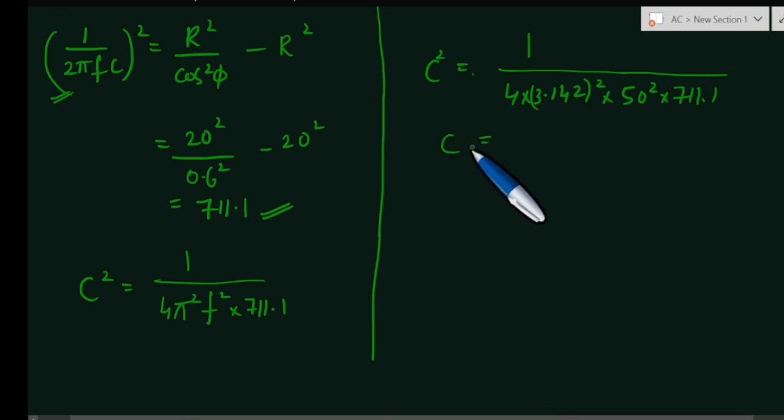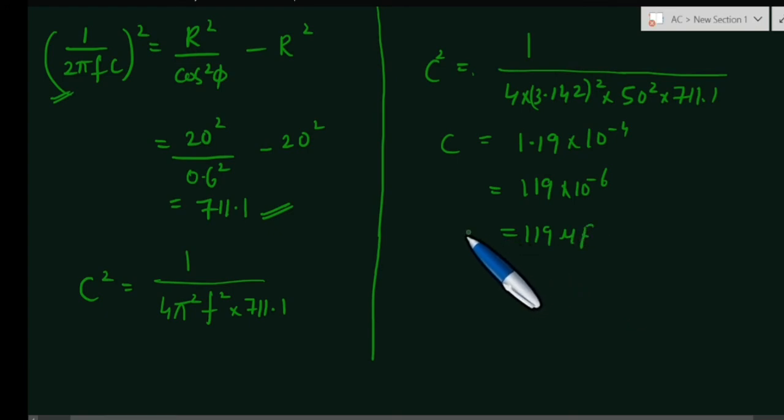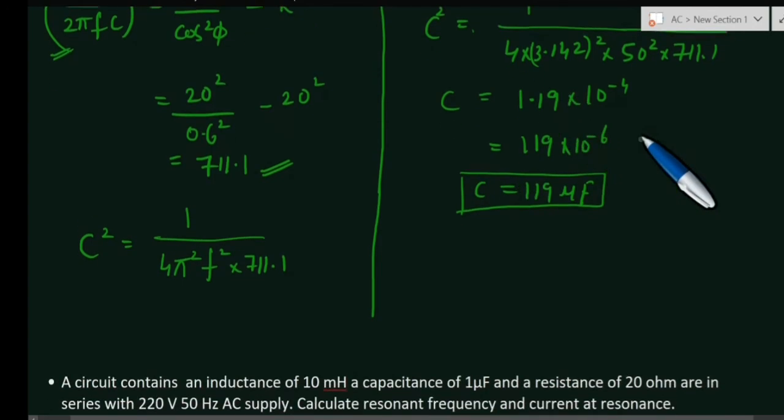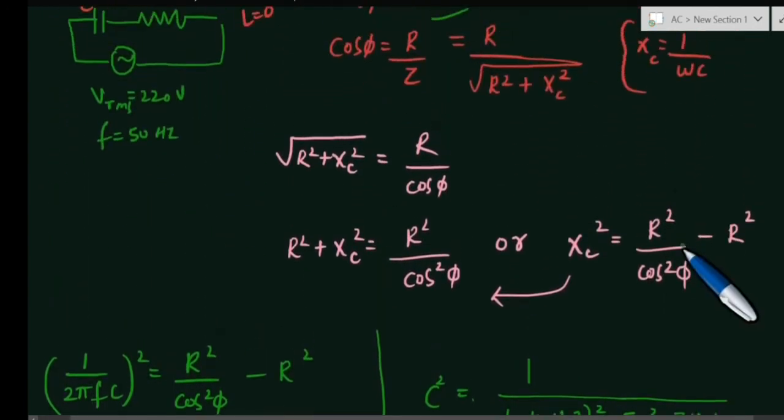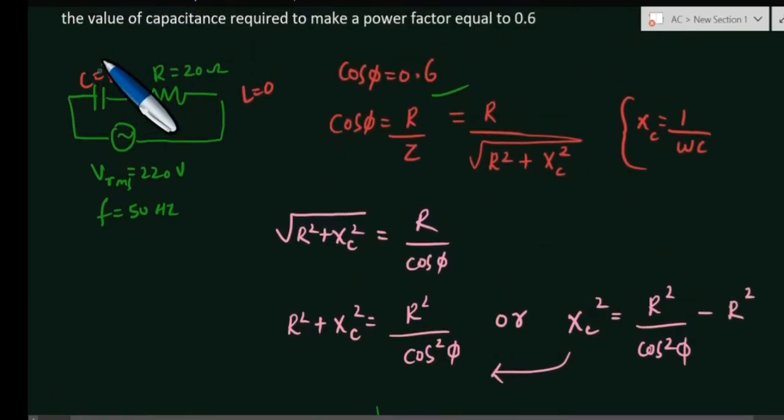After solving, the value of C is 1.19 into 10 to the power minus 4, or we can write it as 119 into 10 to the power minus 6. So it is 119 microfarad, and this is the value of C. This is what they are asking. So the value of C, we found it. Okay, the next question.